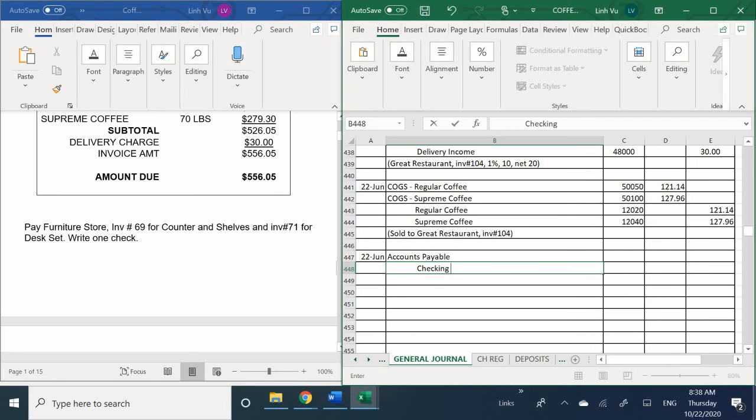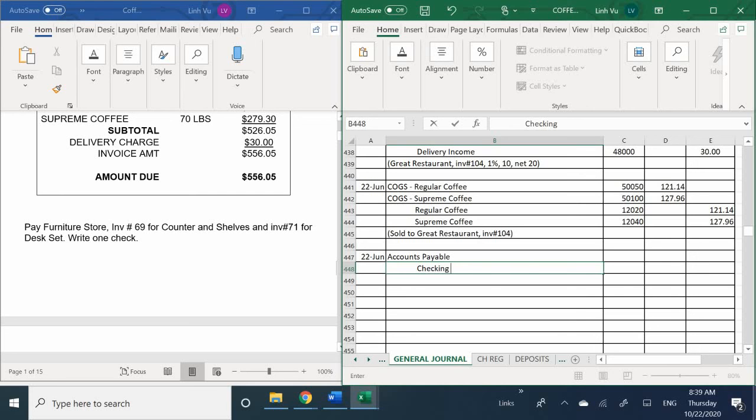We acquired the asset, right? What you're going to do later on is depreciate it because it's a fixed asset, so it starts losing its value. So instead of crediting our counter, we're going to depreciate our counter.